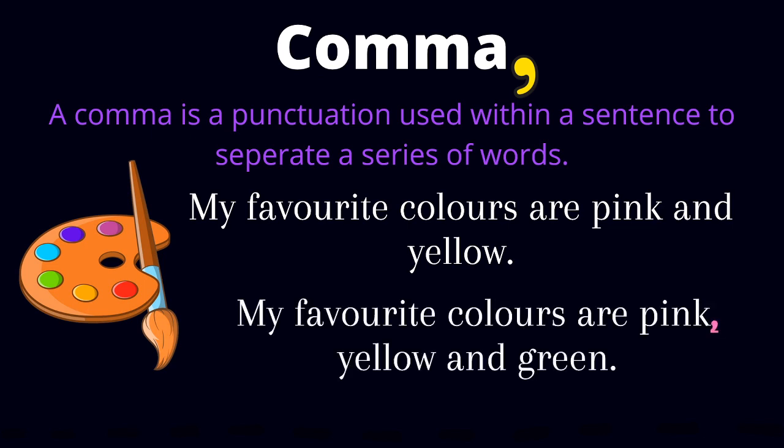Look at this sentence. My favorite colors are pink, yellow and green. Here a list of three colors is given, the first and second are separated by a comma and the last word is used with a conjunction. My favorite colors are pink, yellow and green.